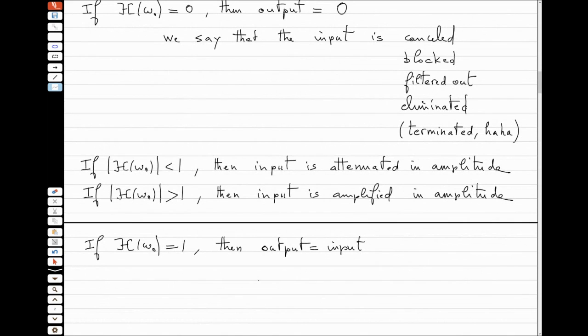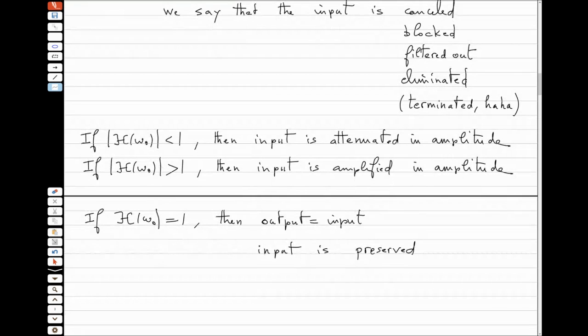So we say input is preserved. Now, if the magnitude of H omega naught is 1, then we say that input is preserved in amplitude.